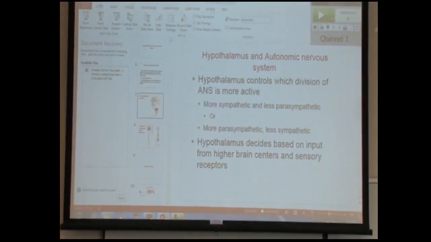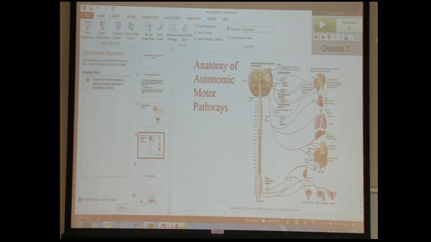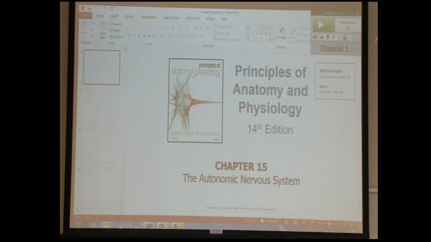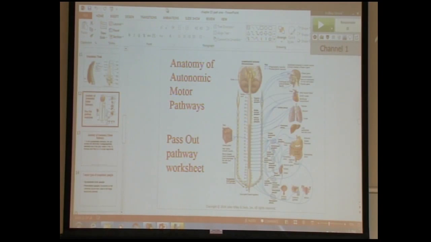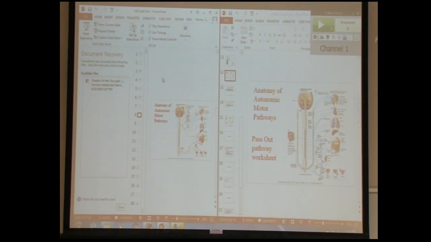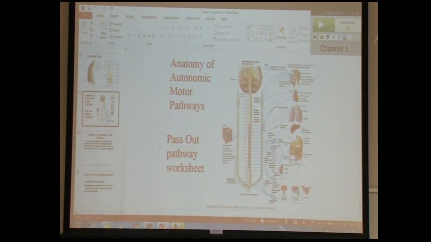It has the picture. Let's see if we can get both of them side by side. That's really tiny. That's not going to work. We'll just look at one after the other.